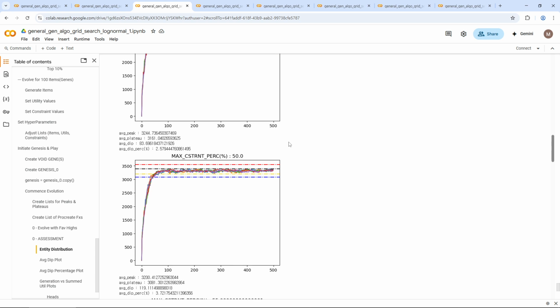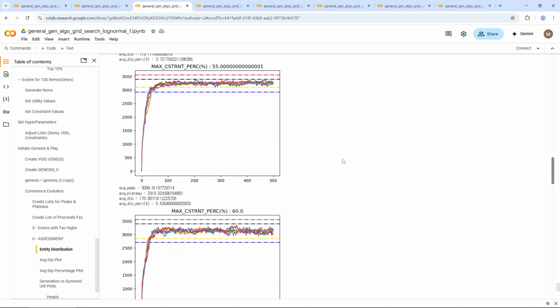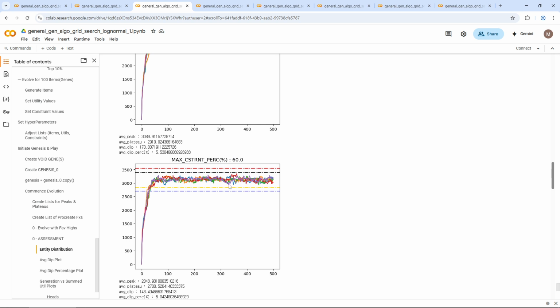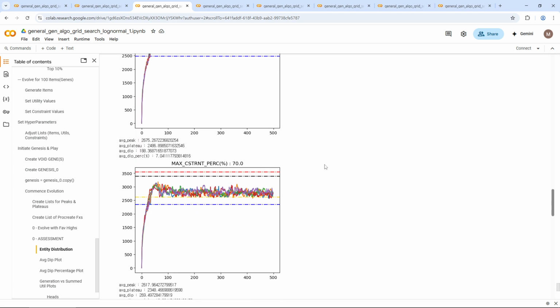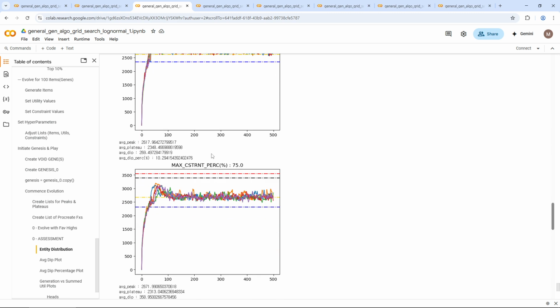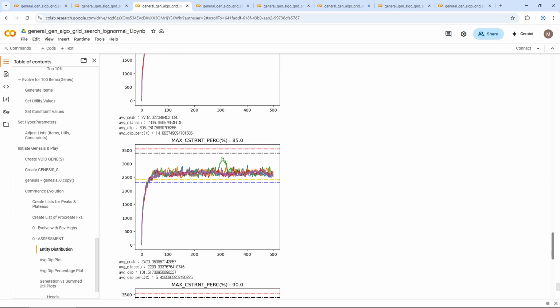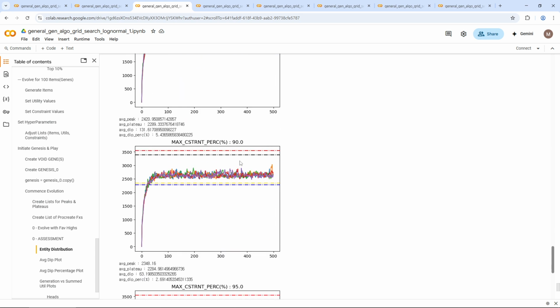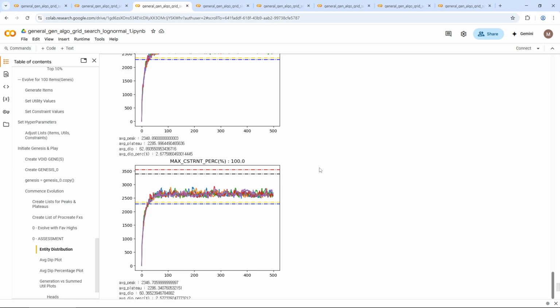Here. No. Here. At 50% we do. 55% we do. 60% we don't. 65% we don't. 70% we don't. 75 we don't. 85, 80 we don't. 85 no. 90 no. 95 no. 100 no.